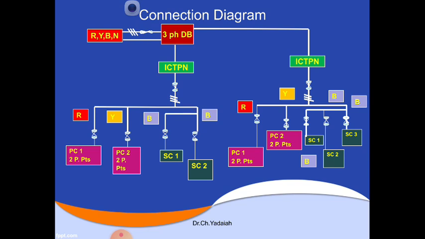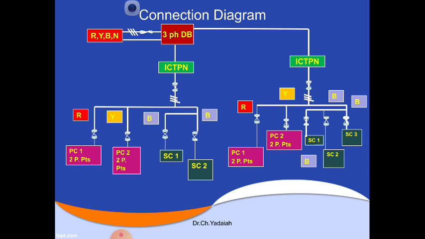So what we have done here: first we took the building. For each floor, what is the total load and what is the total number of points. We added these, and we calculated the number of sub-circuits.